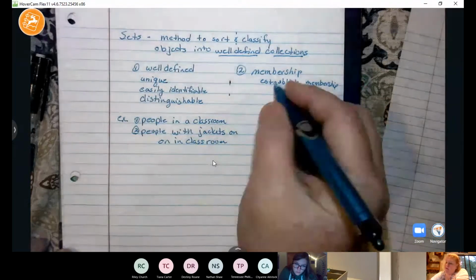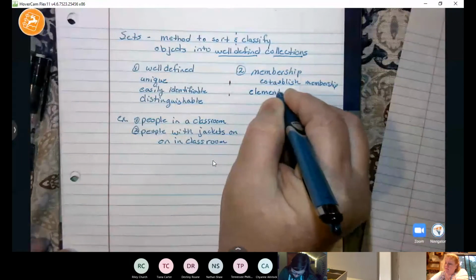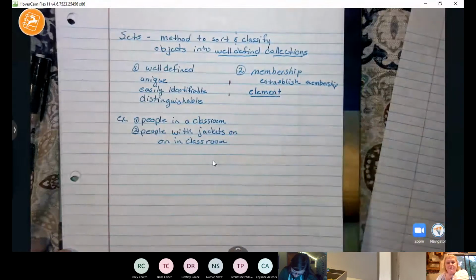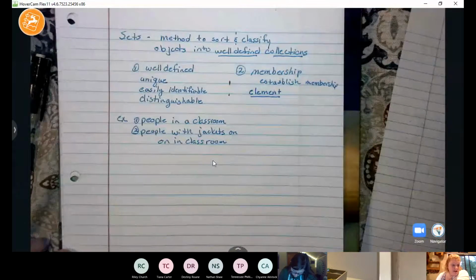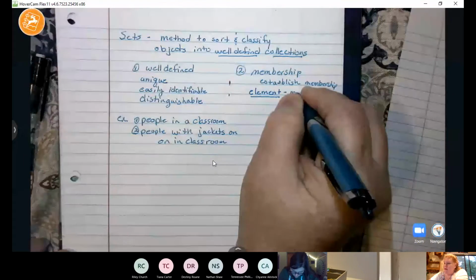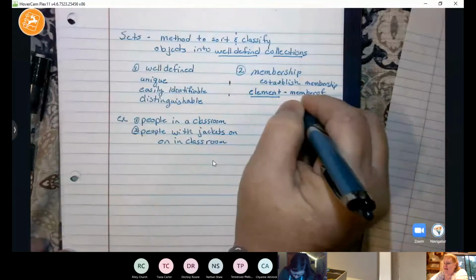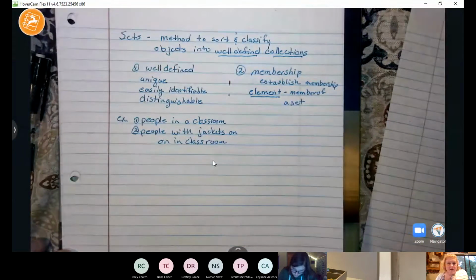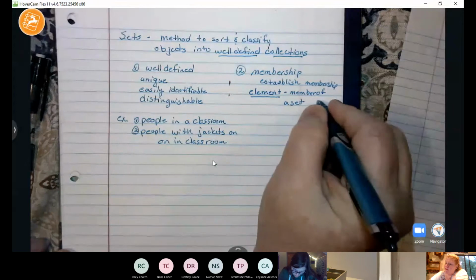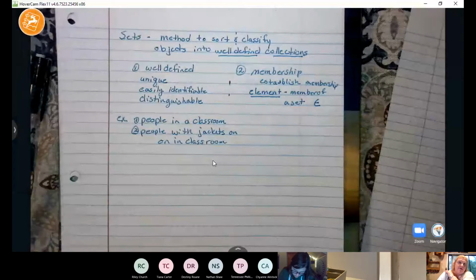And when we talk about membership, we use this term called element. So that's a definition or a term that we need to know, which just means that we are a member of a set. And we use the symbol of this funny looking E when we say something is a member of a set.